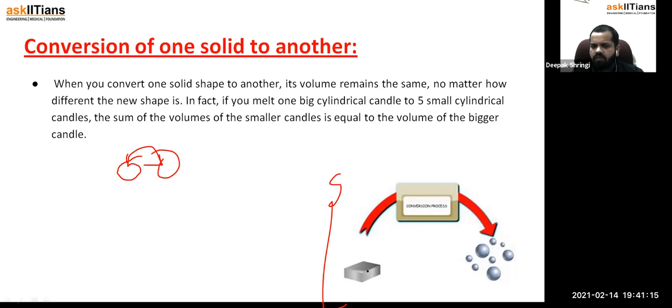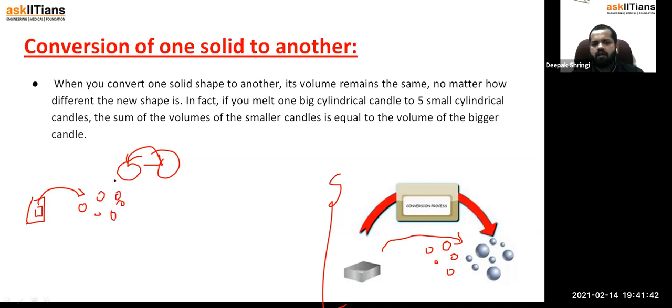A good example, a bar is given, or you can say a brick of steel, right? So if you convert a brick of steel or a bar into small spherical balls, then suppose a bar is basically a brick, and we need to convert this into several spherical balls.